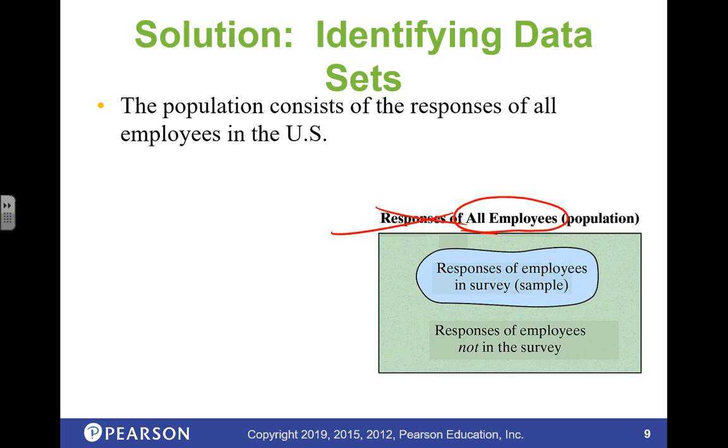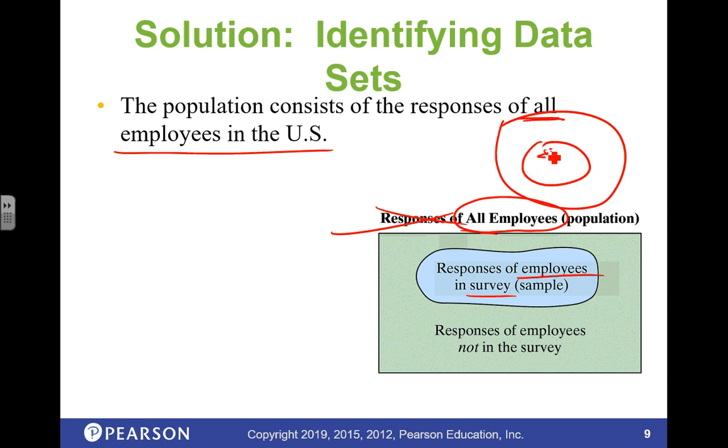And then our sample are going to be just the employees in the survey. So it might be that the big group is all employees in the United States. And then 834 people were asked a question. So that smaller group will be our sample.